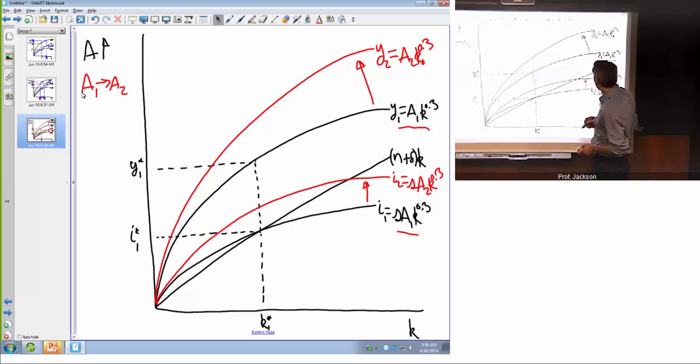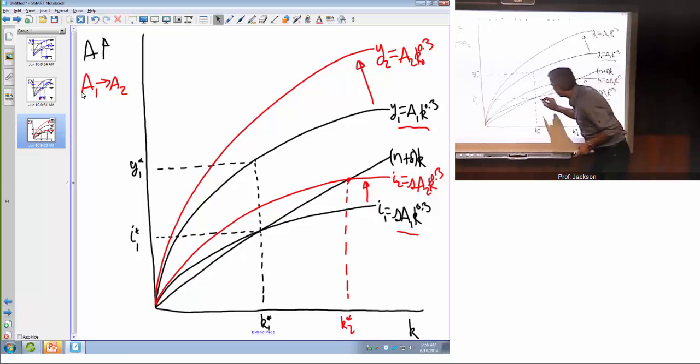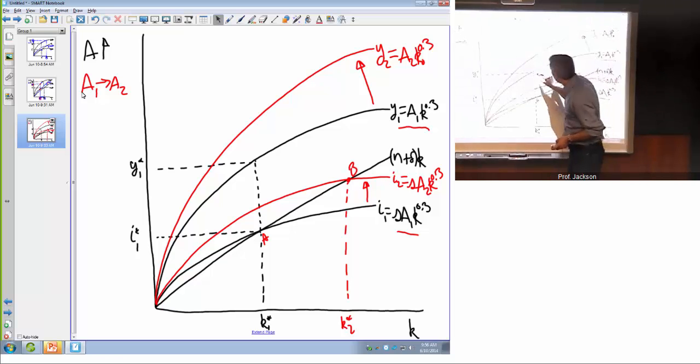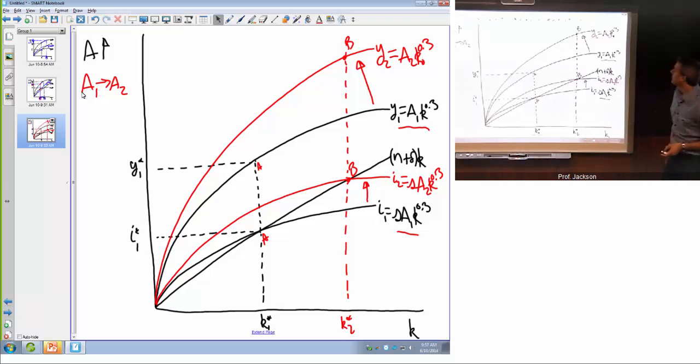So where do we start? Okay, so what happens is our new steady state level of capital is going to be there. We know that, so that's where the new investment line intersects that depreciation capital dilution line. And so we're going to go from point A to point B eventually. That also means we're going to go from point A up to point B here in terms of output.